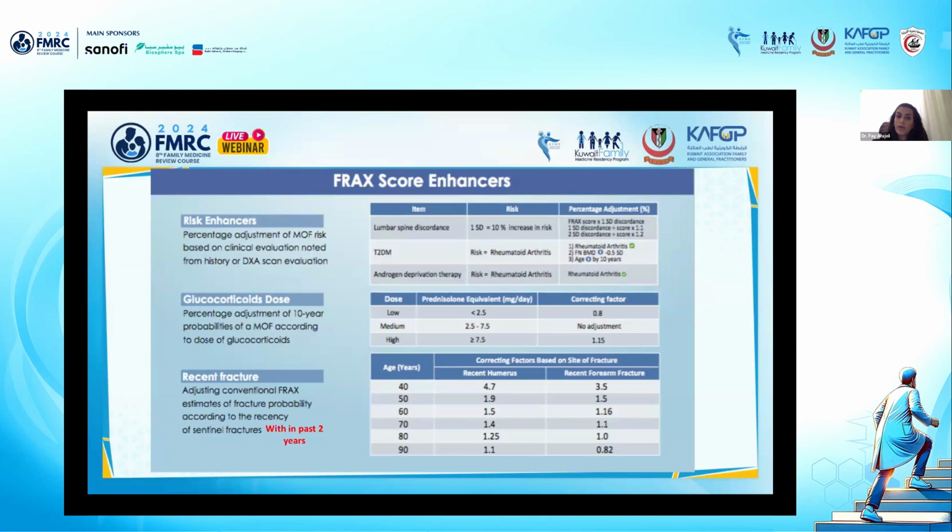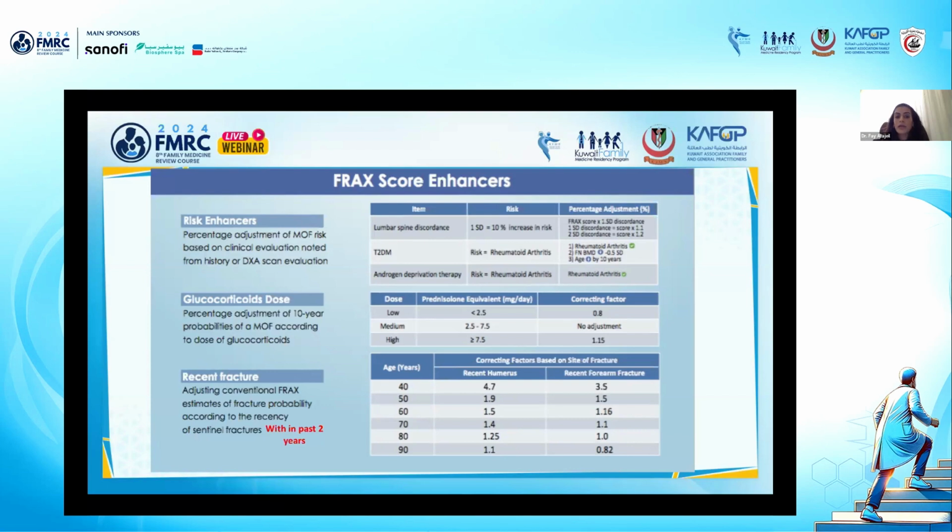So we correct for that discordance by adding to that risk. How? For example, if on the DEXA scan the hip T-score is negative 2.5, and L1 to L4 is negative 3.5, there is a 1 standard deviation difference. So you have to add 10% risk to the new FRAX. We will take a look at that in the cases, inshallah.